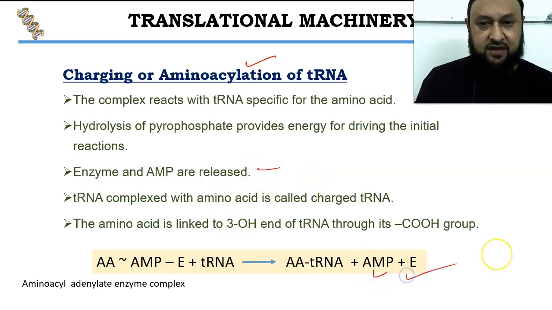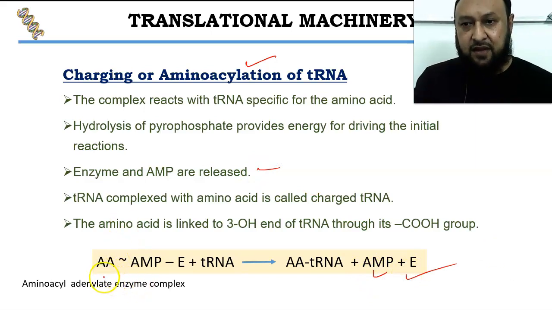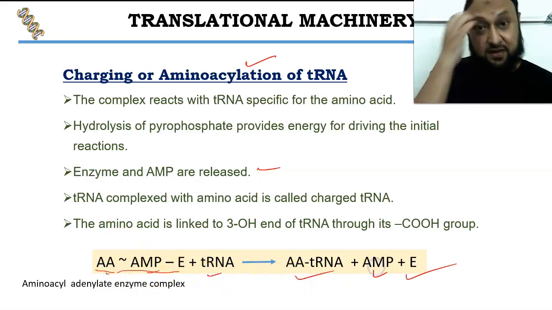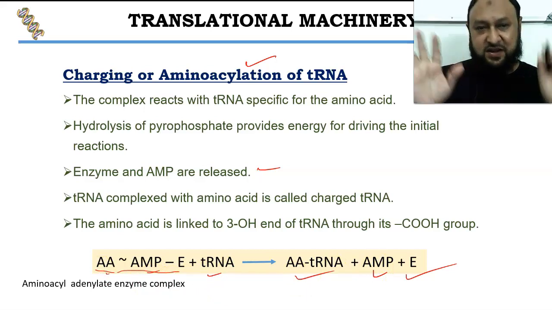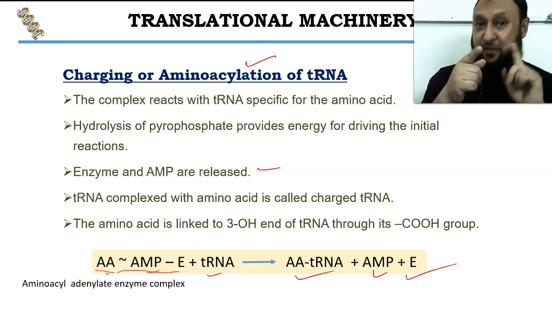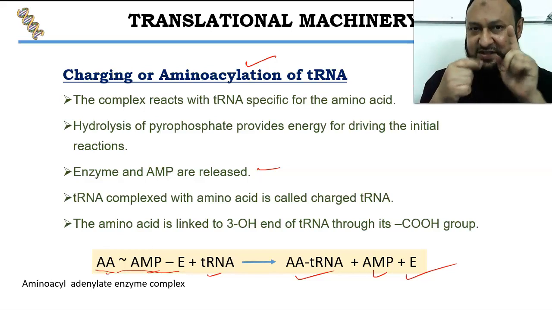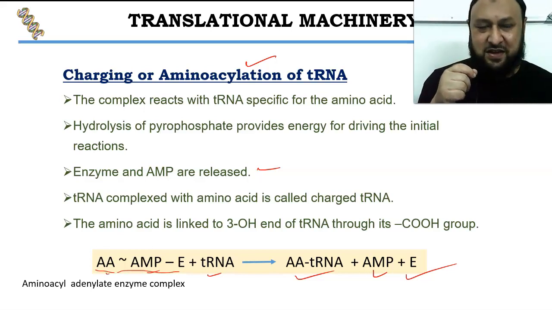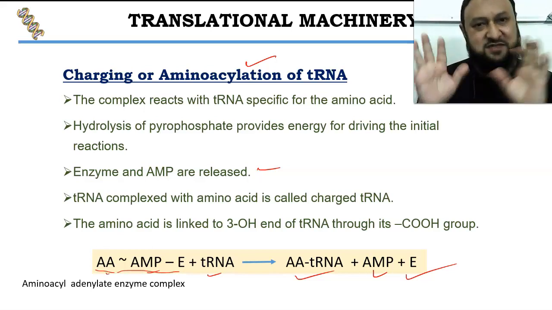AMP and enzyme are removed, and this amino acyl adenylate enzyme complex plus tRNA is now activated and charged. In the previous slide we saw that the enzyme was activated. Now, before the translation starts, before initiation starts, it must be charged, and charging has been done now.